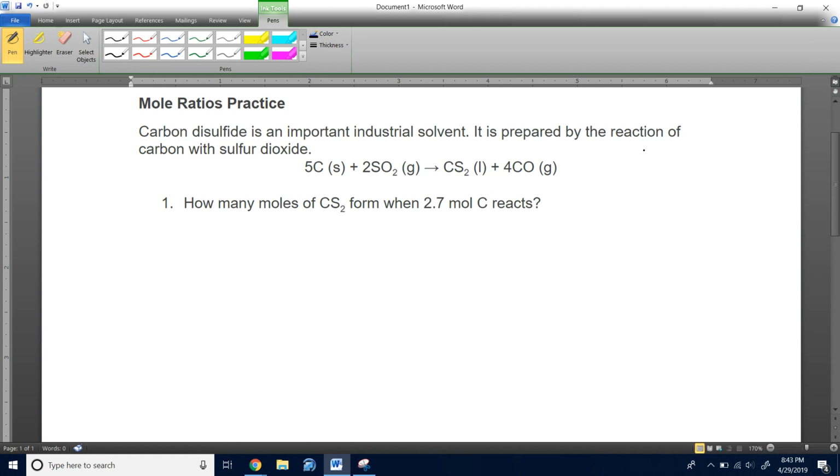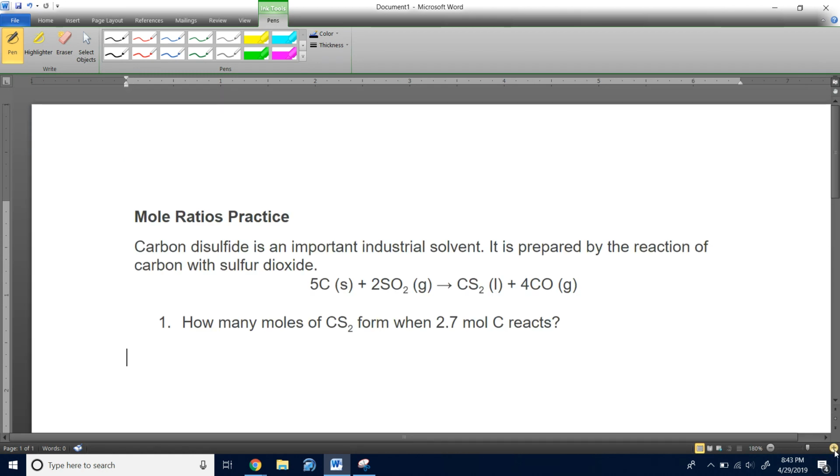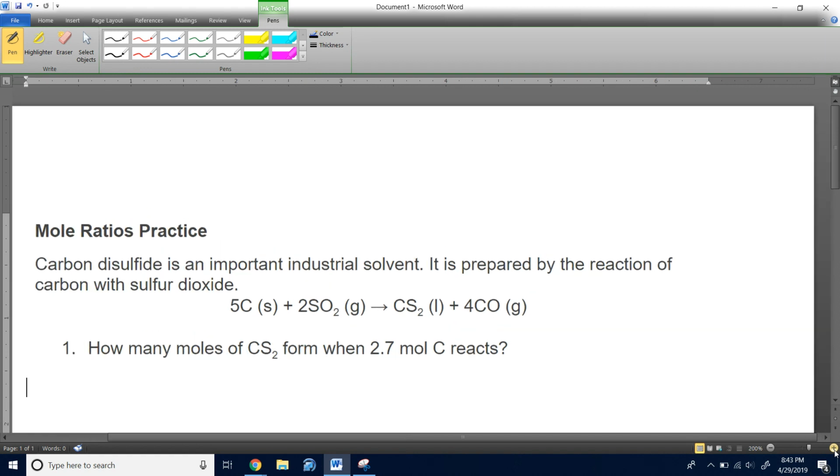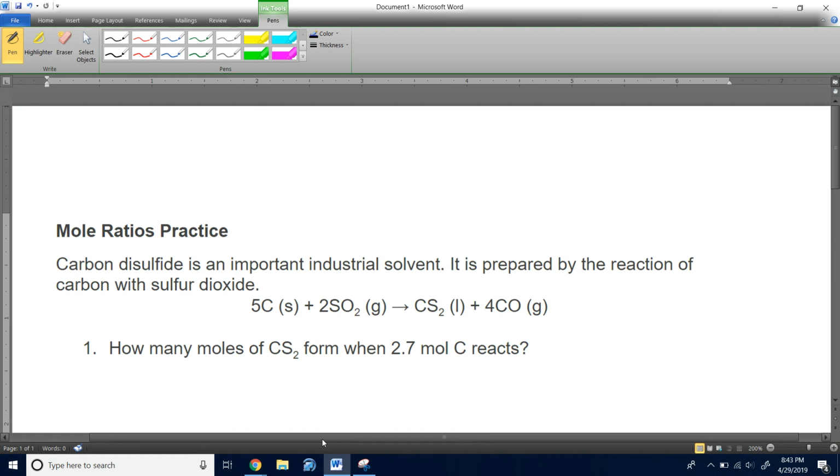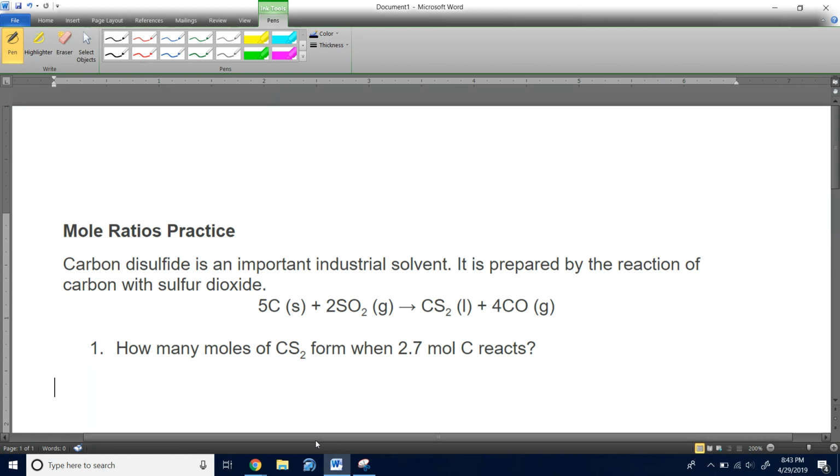All right. So in these questions, we want to be using the information that's given, especially in our balanced equation.